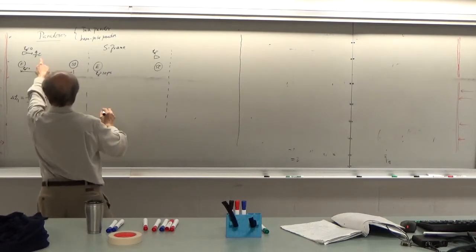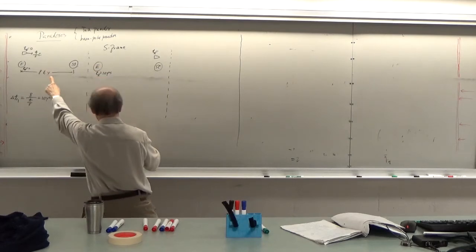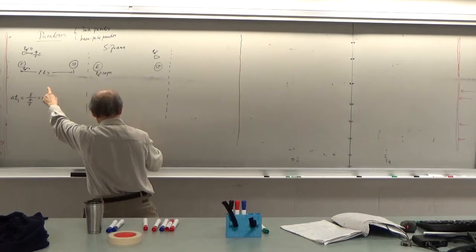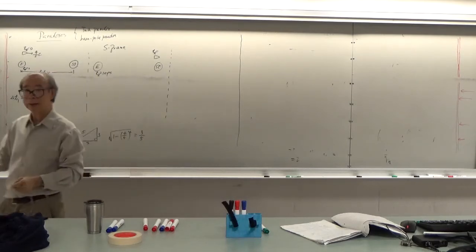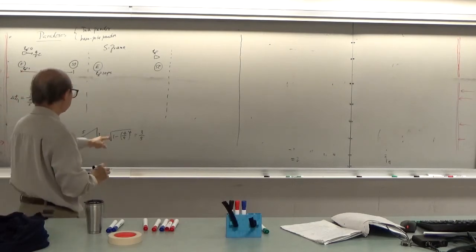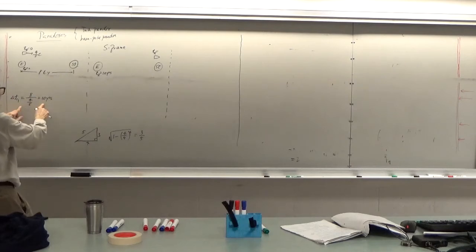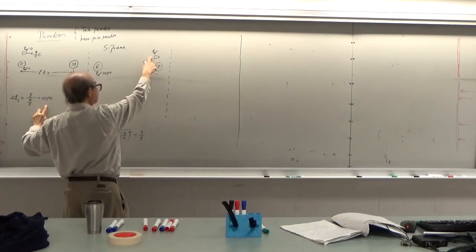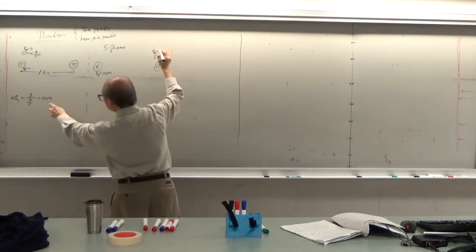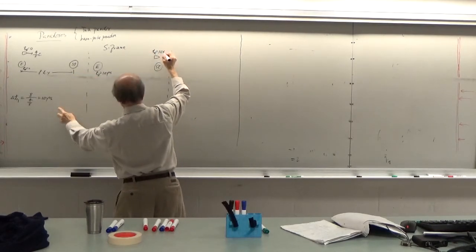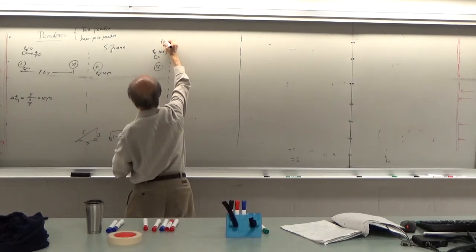So the famous contraction factor would be square root of 1 minus (4/5) squared, and that would be 3/5. So the dilation factor is 3/5, so if 10 years have elapsed, the reading on the clock on the rocket ship would be 10 years times 3/5. That would be 6 years.